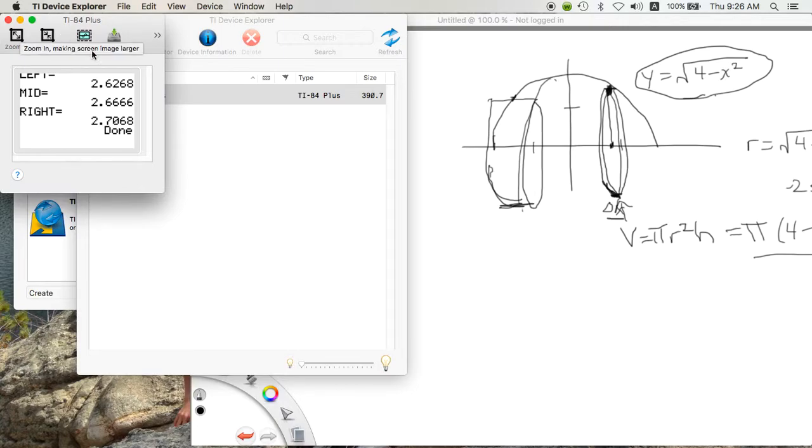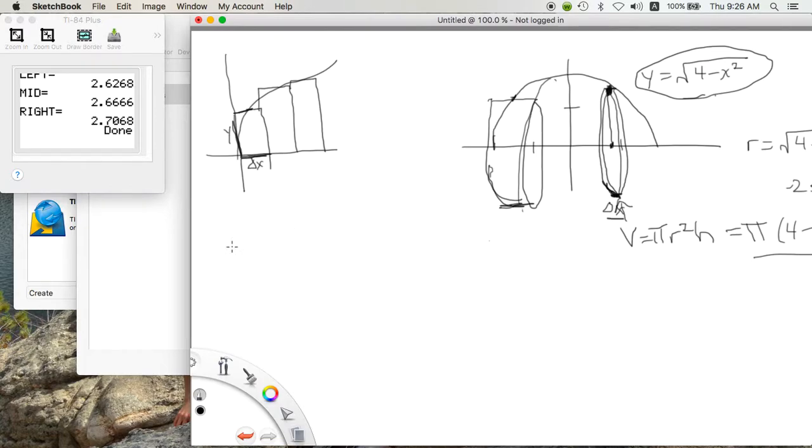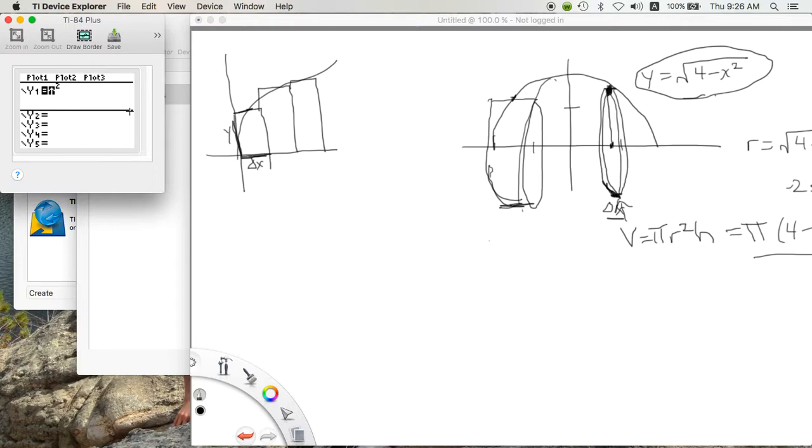Okay, so you have to go back to y equals, and put in the function, because the program uses y1 as its function.